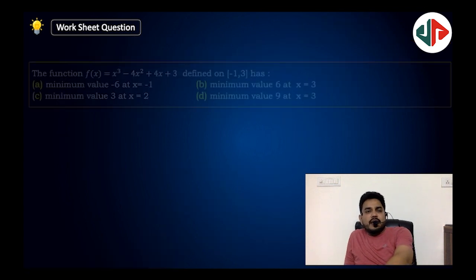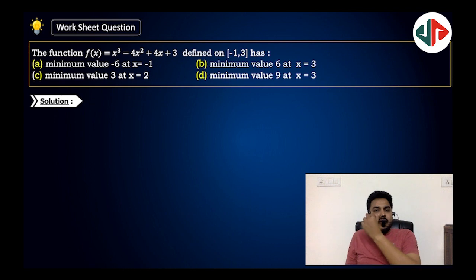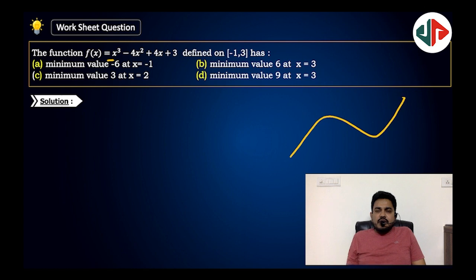Next question: the function defined. What is the status of this? Again, the leading coefficient is positive, so the curve is going to be like this. So this is the local maxima, this is the local minimum. How do we go? F dash of x, which is equal to 3x square minus 8x plus 4, should be equal to 0. 3 fours are 12.